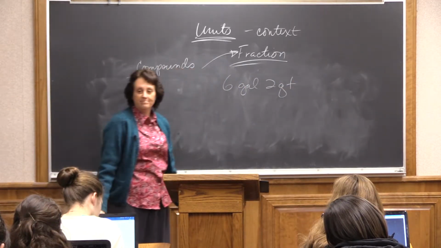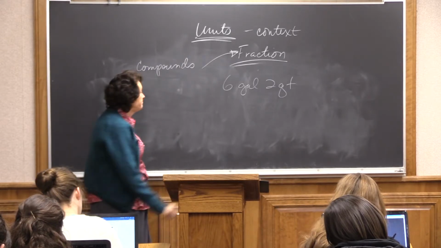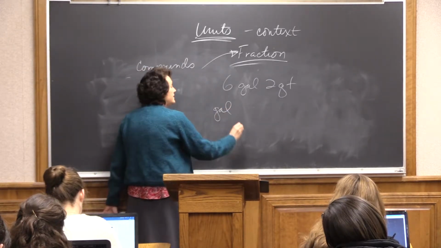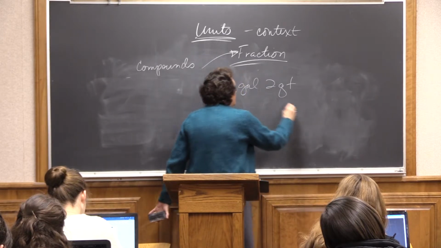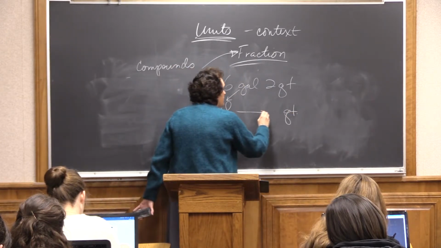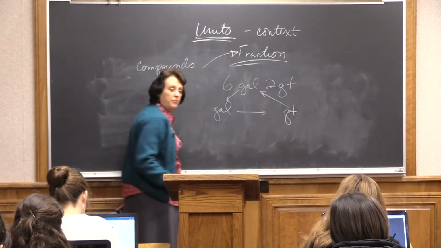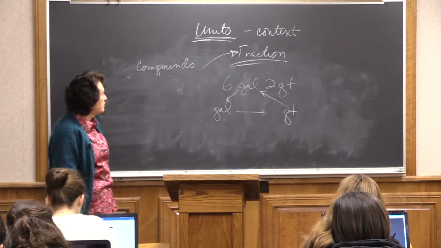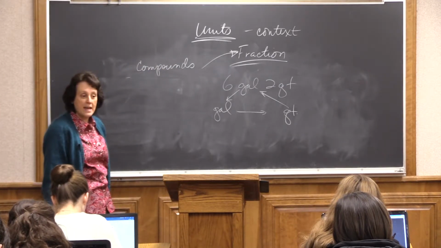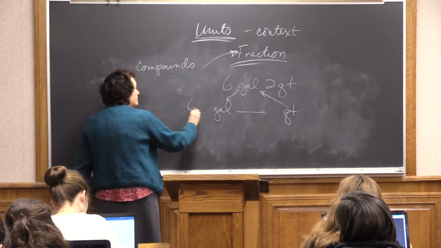How many gallons is that? How many quarts? We've got to be able to go between the 3 different forms of our U.S. customary compound. How many gallons is that? Mixed number, right?